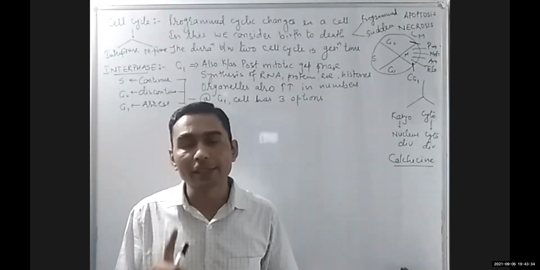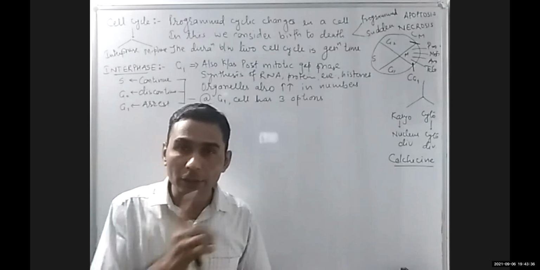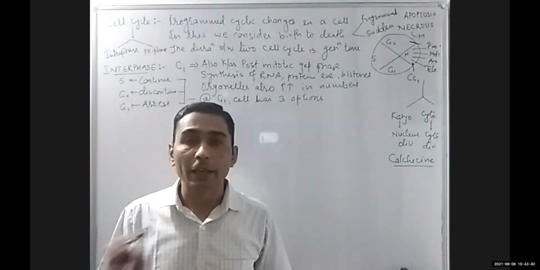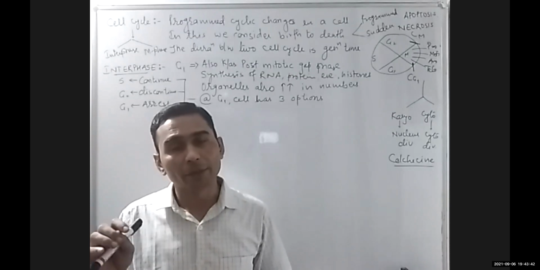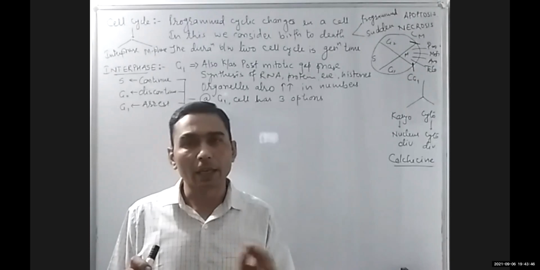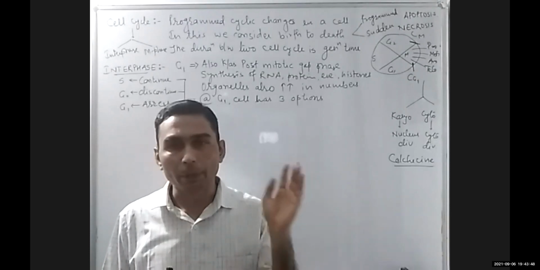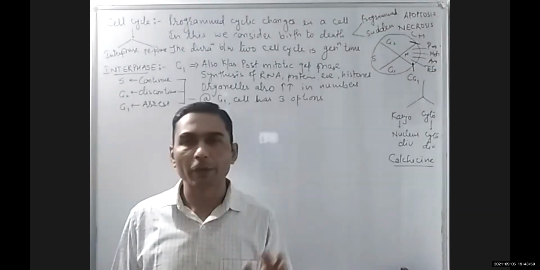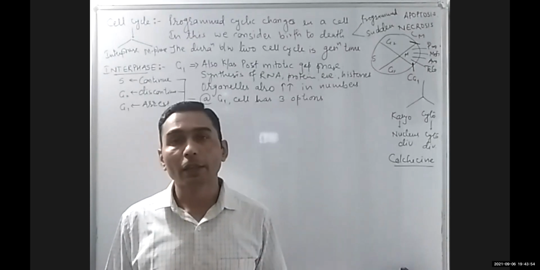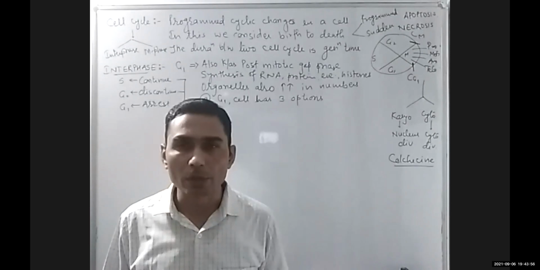And those cells which enter into G0 permanently differentiate there and never ever divide once they form. Such examples are nerve cells and muscle cells. They permanently enter into G0 and then never ever divide. Or in case of plants, we should say the permanent tissues.